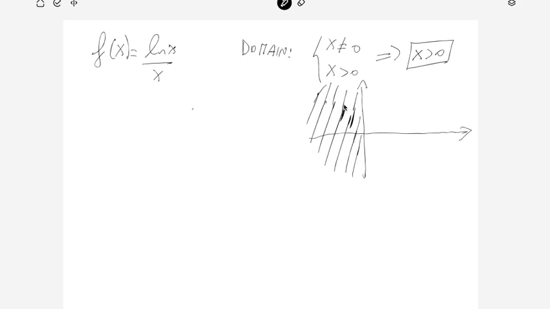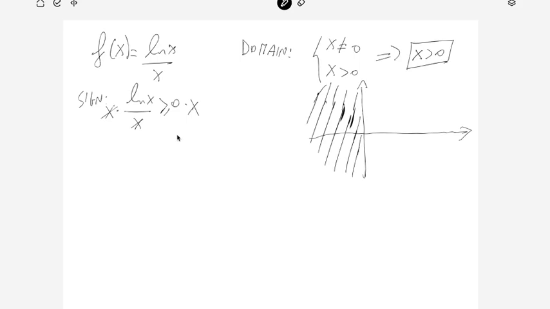Then this is the domain. Then I want to study the sign of the function as second step. So the logarithm of x over x greater or equal than 0. Okay, this is a product, so I can multiply by x here, because in our domain x is greater than 0, and there is no problem doing that because x is greater than 0, I don't have to change the sign.